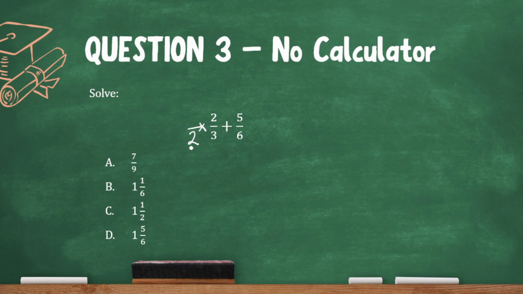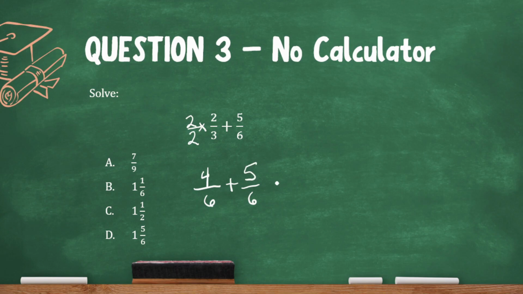But if I multiply the bottom by 2, I have to multiply the top by 2 as well, because 2 divided by 2 is 1, and I could multiply anything by 1 and it's still the same number, right? So let's go ahead and do that. 2 times 2 is 4, and 2 times 3 is 6. So 2/3 is the same as 4/6. We just made a common denominator.